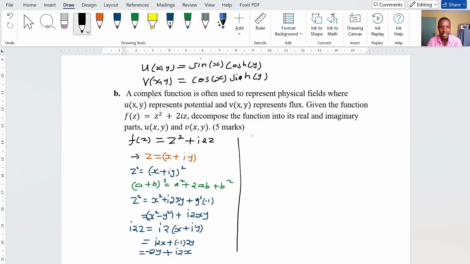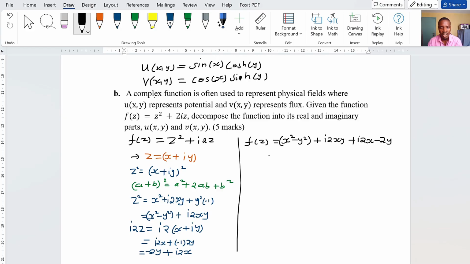Now we can proceed. Our function f of z will be our z squared, which is x squared minus y squared for the real part, then plus i 2xy, plus our 2iz, which is i 2x minus 2y. Is it 2y? Yes, minus 2y.